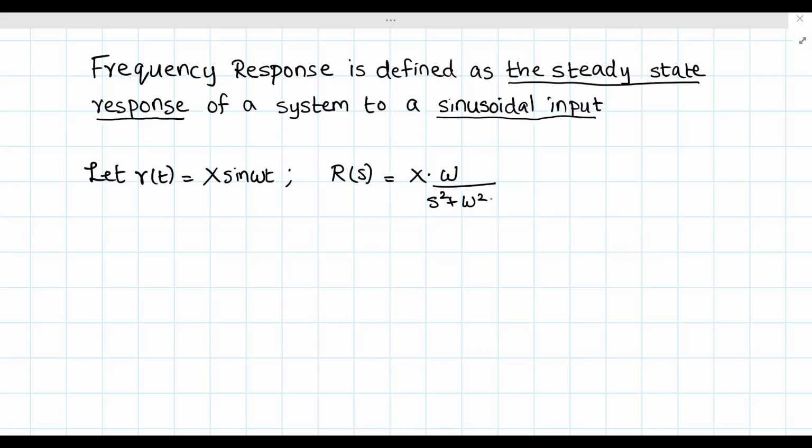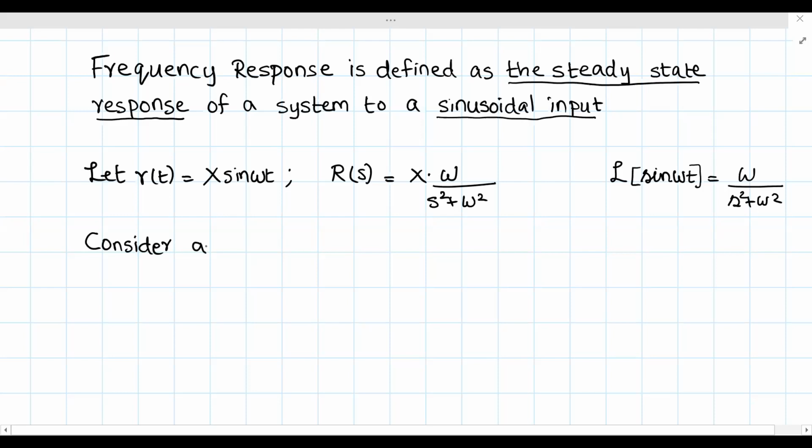We know that, because the Laplace transform of sine omega t is omega divided by s square plus omega square. So for r of t equal to X sine omega t, R of s, the Laplace transform of the input, will become X into omega divided by s square plus omega square. Right?